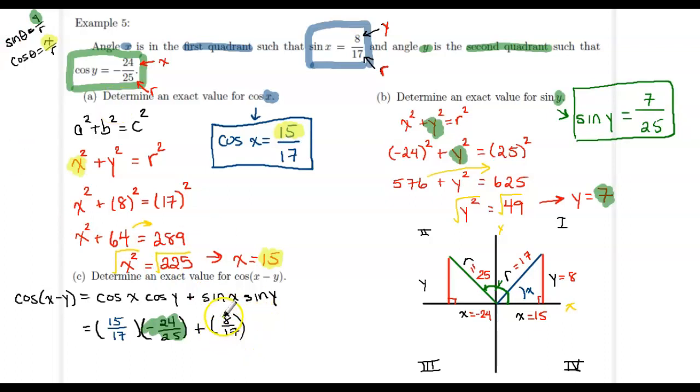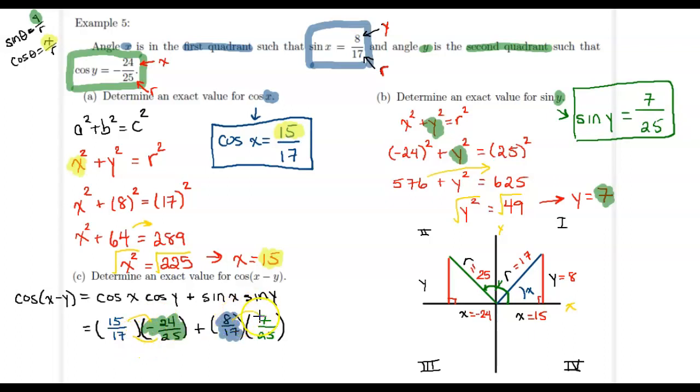So I'll highlight that in blue because that's what they gave us right here. And finally, sine y is what we solved for right there. So we solved that to be 7 over 25. So we don't have to solve for any of these angles x or y because we already have all of the exact values right here.